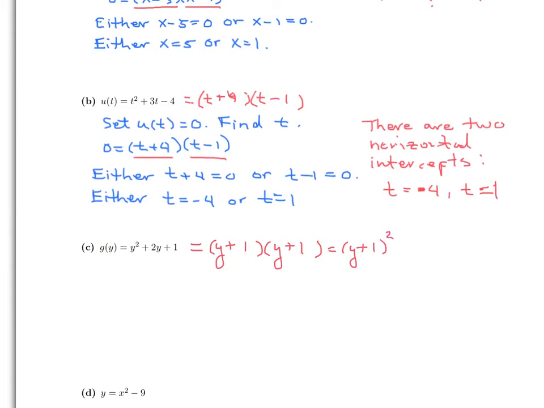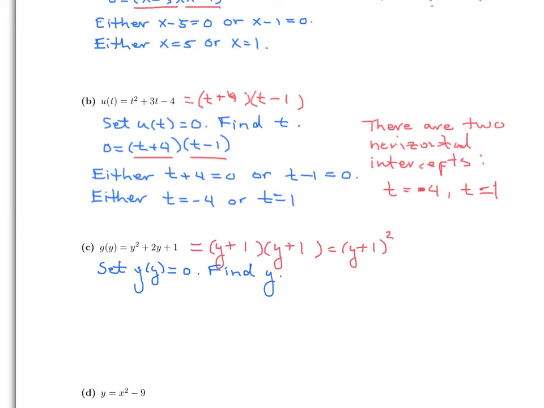Now, to find the horizontal intercept, we set the output equal to 0. So here we're going to set g at y equal to 0, and our goal is to find y.